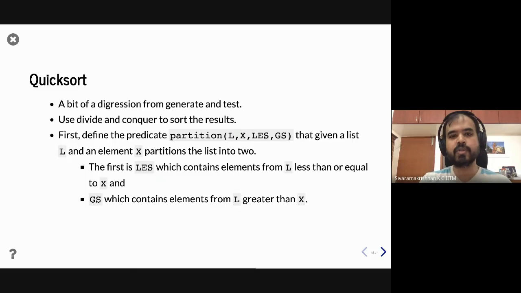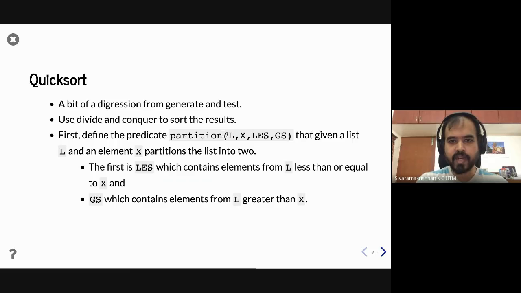So what we are going to do is to implement quicksort, which we know is an efficient sorting procedure. So we are going to partition the input list based on a pivot, and then we are going to sort the sublists and append them together. Right? This is what we are going to do. So in order to do this, we need a procedure called partition, right?